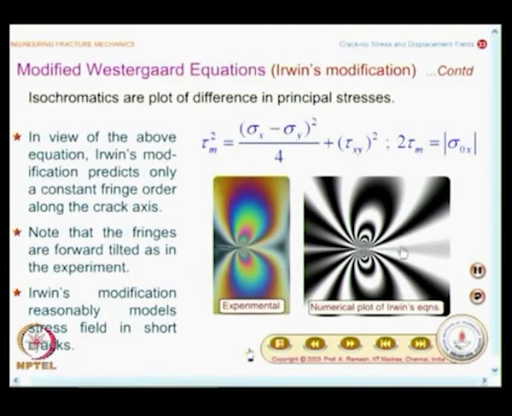But along the crack axis, it also gave only a constant value of the maximum shear stress, whereas in the experiment, even in this case there is a subtle variation. You could see prominent variation in problems where the crack is long or where the crack is situated in a stress concentration field.